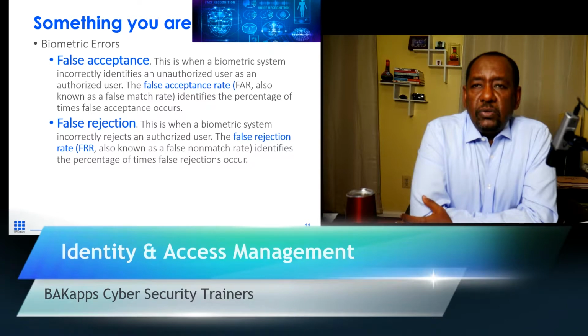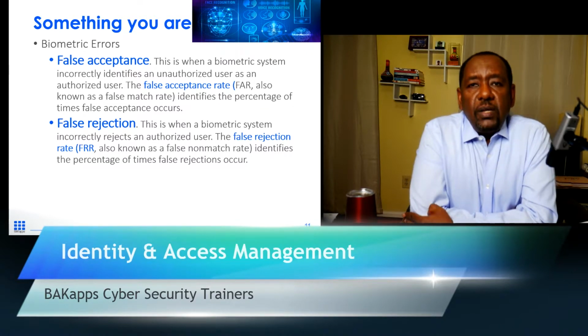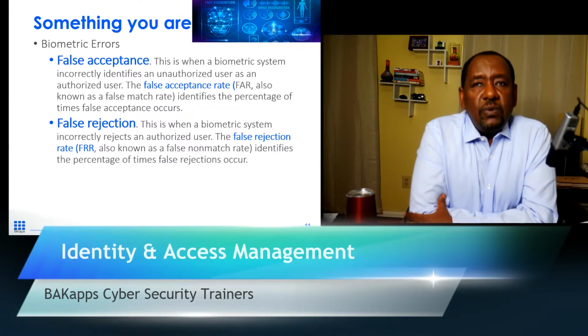You do a statistical study on the machine before you implement it. You let it test 1,000 users, and out of 1,000, how many of them are falsely accepted using somebody's facial or biometric identification?